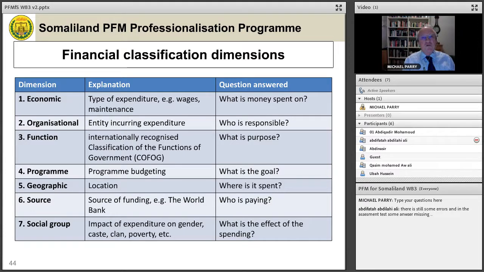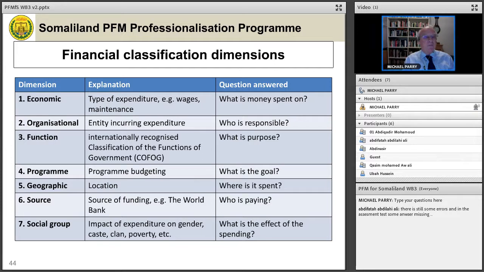Budgeting is not neutral. Budgeting will have an impact on different social groups. By the way you measure and report this, you could influence the way money is spent. For example, expenditure on, say, pregnancy testing and support to pregnant women will obviously only benefit females.